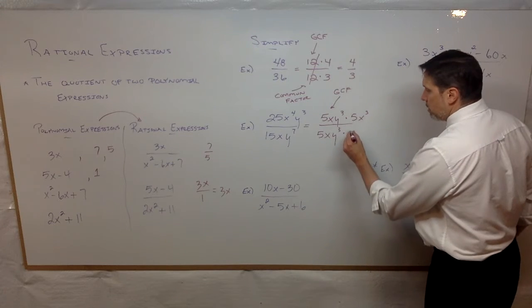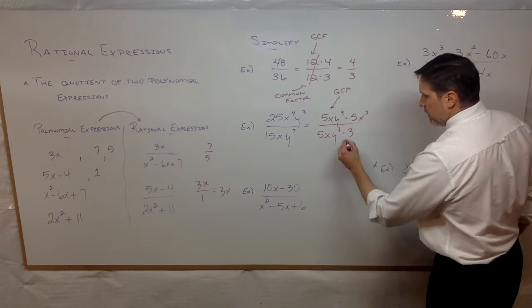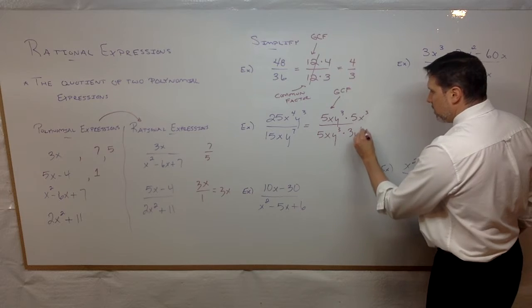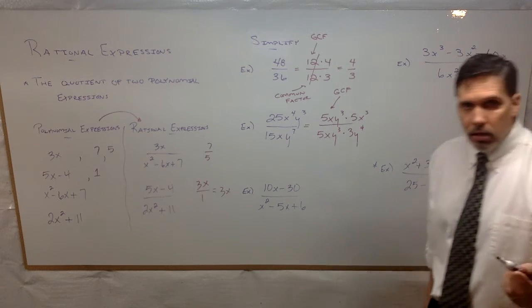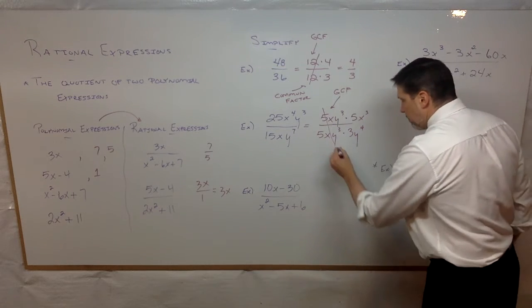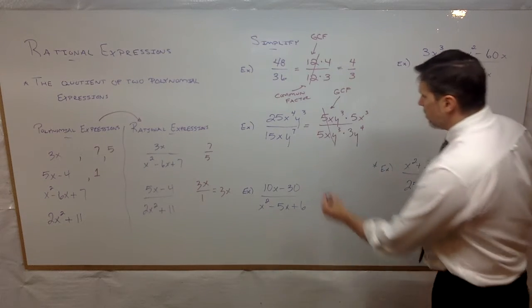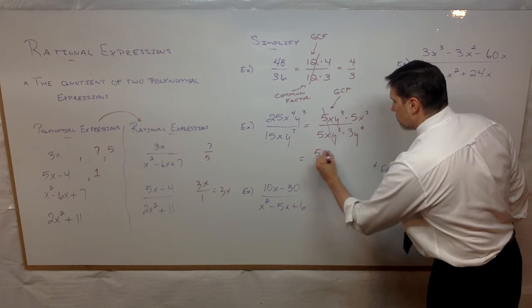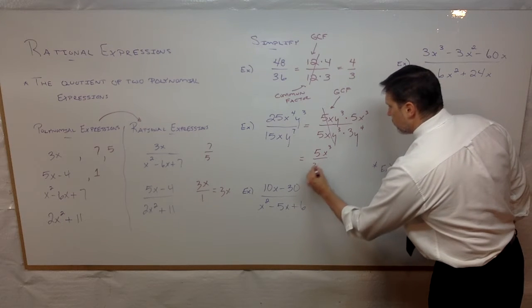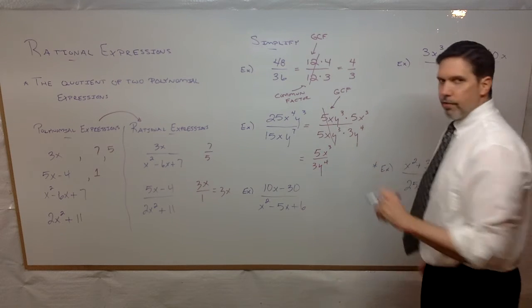Do the same for the denominator. We'll need a 3. The x is covered. Y to the 4th. We'll cancel out our common factor, or in this case our greatest common factor, numerator, denominator, and what we're left with should be our answer. That's 5x cubed over 3y to the 4th.